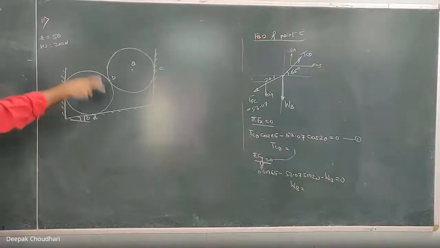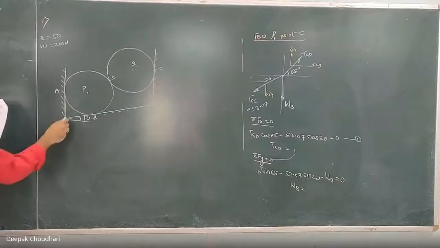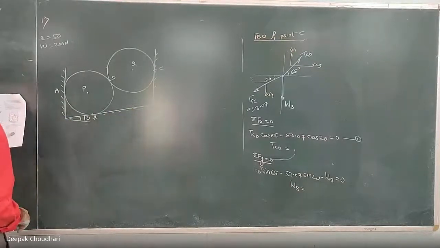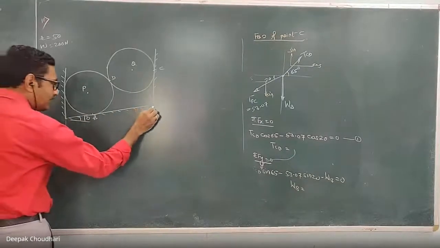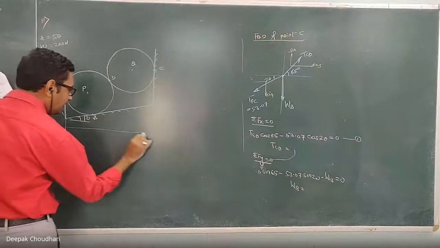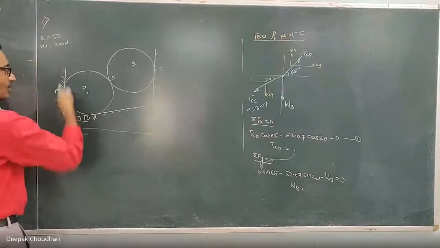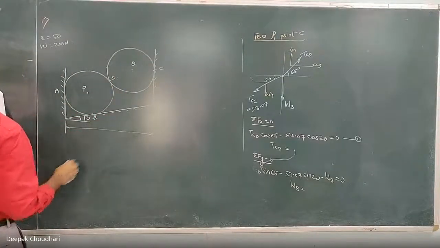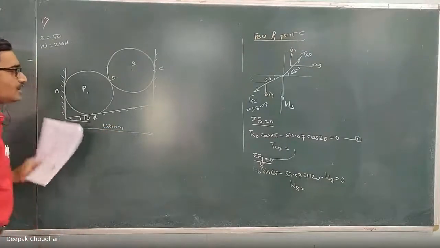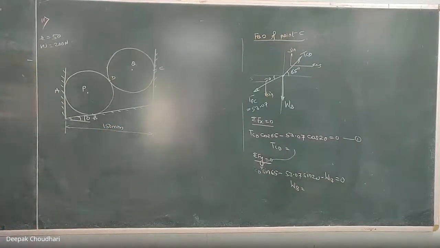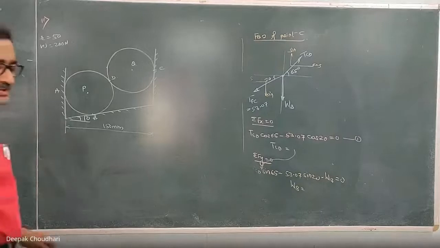Here, they are resting in this one container as shown in the figure, whose base is inclined at an angle of 10 degree. And the horizontal distance between the two vertical surfaces is given as 150 millimeter. It is asked to find out the reactions at all the point of contact.